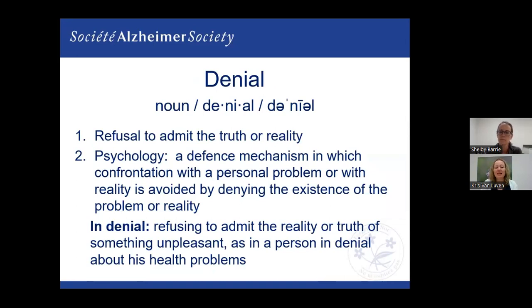And in psychology, it's defined as a mechanism in which confrontation with a personal problem or with reality is avoided by denying the existence of that problem or reality. And to be in denial means refusing to admit the reality or truth of something unpleasant, as in a person in denial about his health problems.